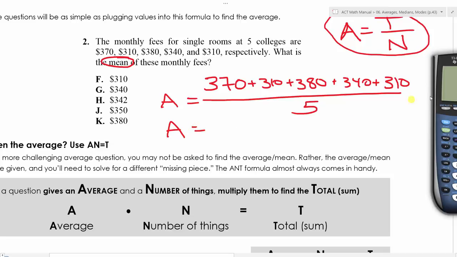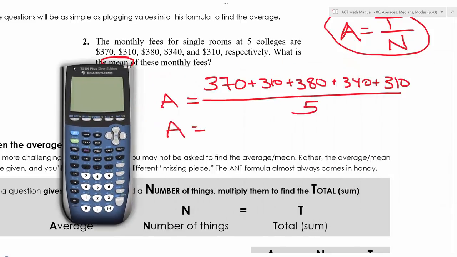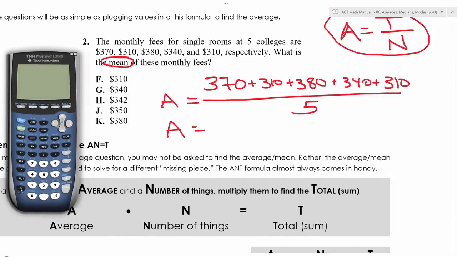So our average is going to equal, I'm going to go ahead and do this in the calculator. So 370 plus 310, plus 310 plus 380 plus 340 plus another 310.